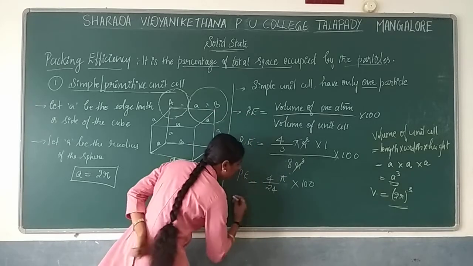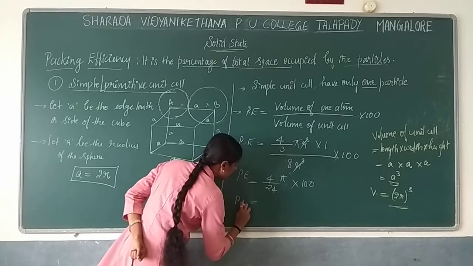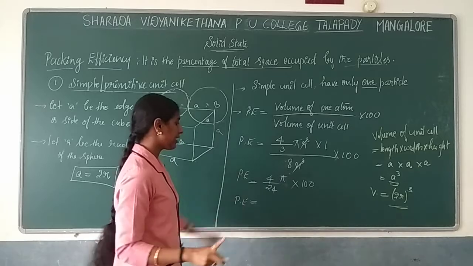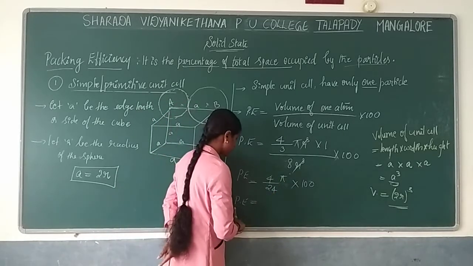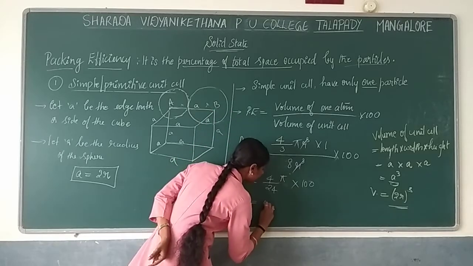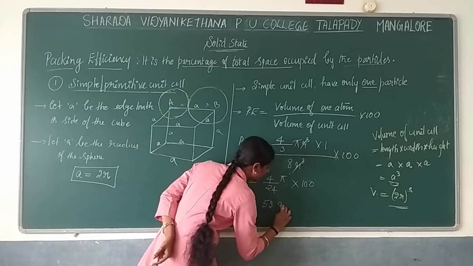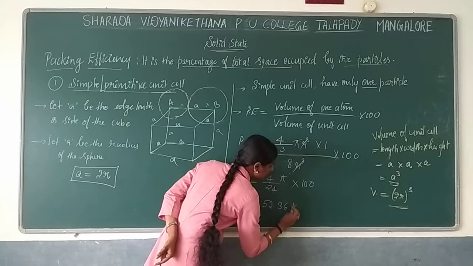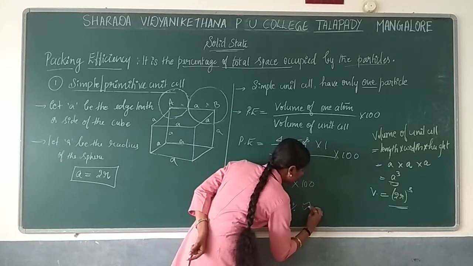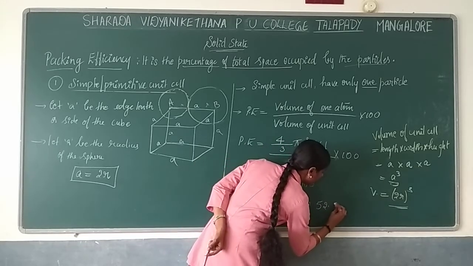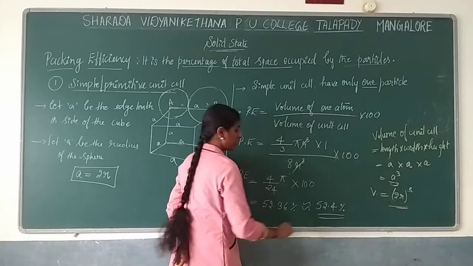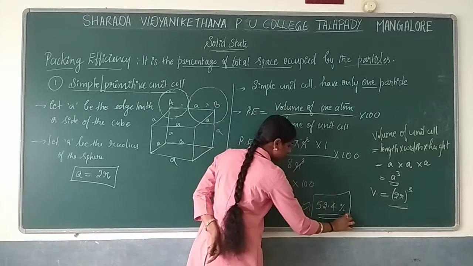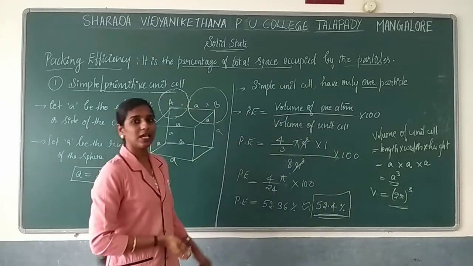Now calculate the packing efficiency. You know the value of pi is 22 by 7. Calculate over here and you will get the answer 52.36%, which is approximately equal to 52.4%. So state students, it is compulsory that you write this same percentage.